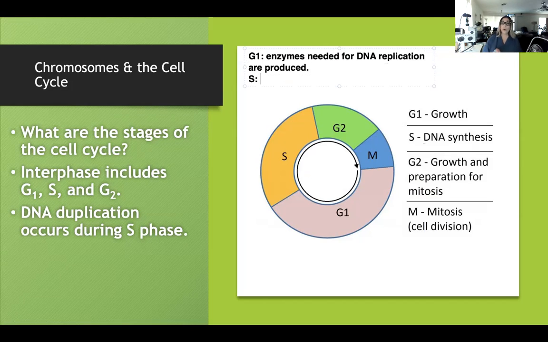Next we have S phase. Think of S as synthesis. Remember, synthesis means production. So in S phase you have DNA synthesis, which is the same as replication. During S phase, sister chromatids are formed.